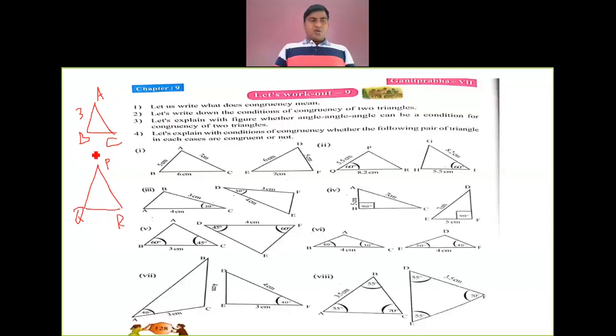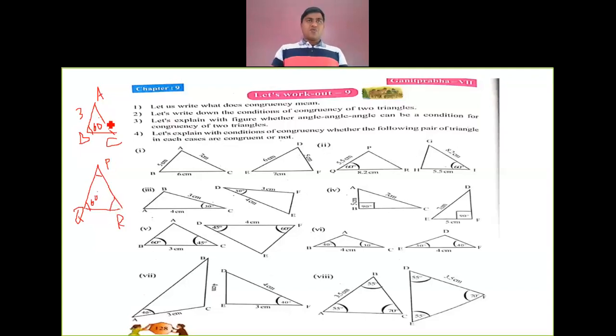So we know in an equilateral triangle each angle equals 60 degrees. So angle A equals 60, angle B equals 60, angle C equals 60. And also in the equilateral triangle PQR, each is 60. So the three corresponding angles are equal.